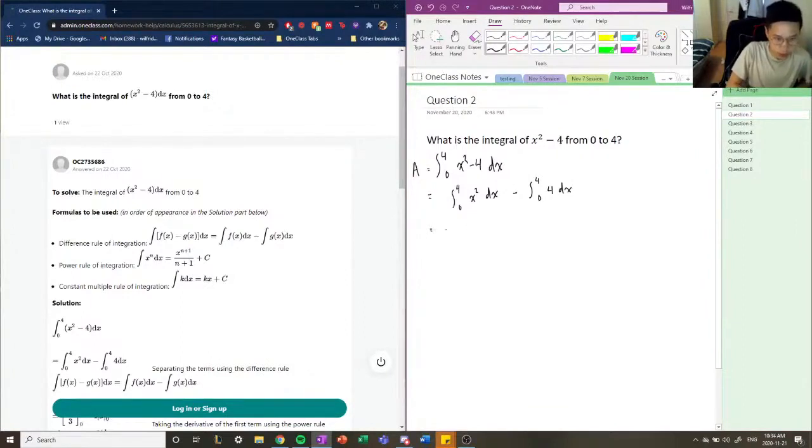So after we do that, this function is done for the integral. So this would be 1 over 3 times x cubed, and the interval here is 4 and 0. And we're also going to use a constant multiple rule of integration for this one. So that would be 4x, okay, 4, 0.